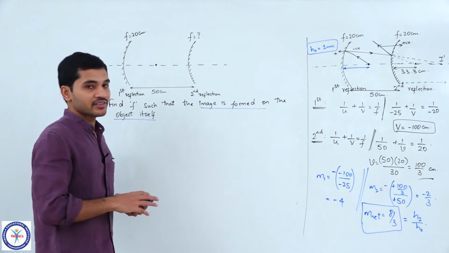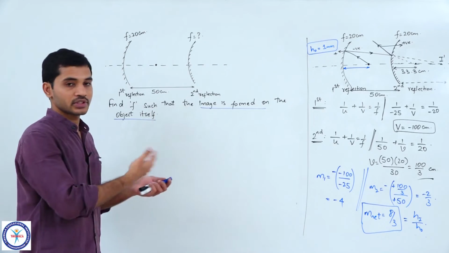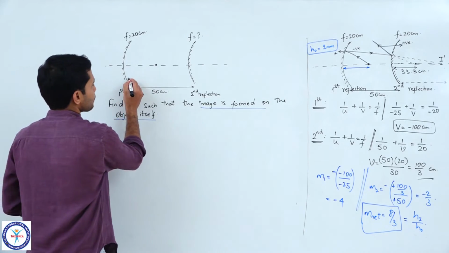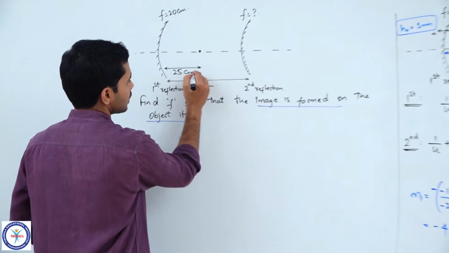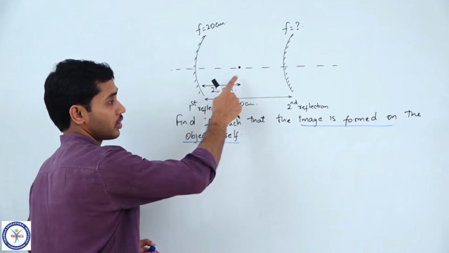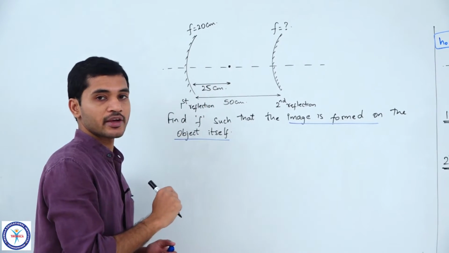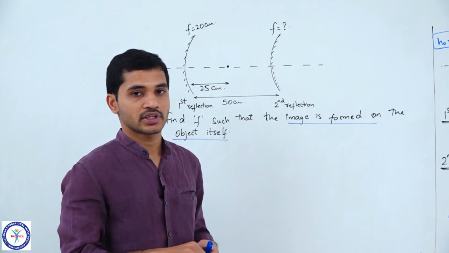Because we have just derived the earlier case, I am just using that so that we can easily complete this. Here this length is once again 25 centimeters, and we have seen in the earlier case that if the object distance is 25, the image formed by the concave mirror will be 100 centimeters in front of it. We have just derived that.